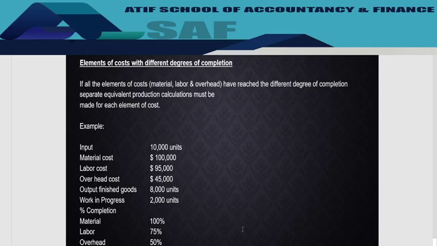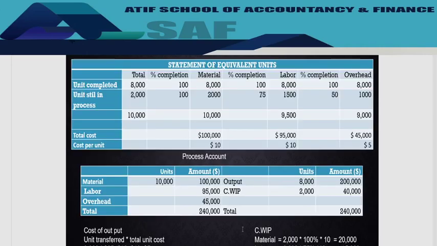Output of finished goods is 8,000 units and 2,000 units are still in process. These 2,000 units are 100% completed with respect to material, 75% completed with respect to labor and 50% completed with respect to overhead. For this, we have to calculate the statement of equivalent units of each element separately.